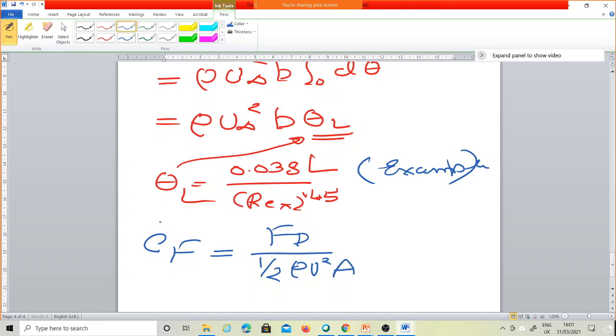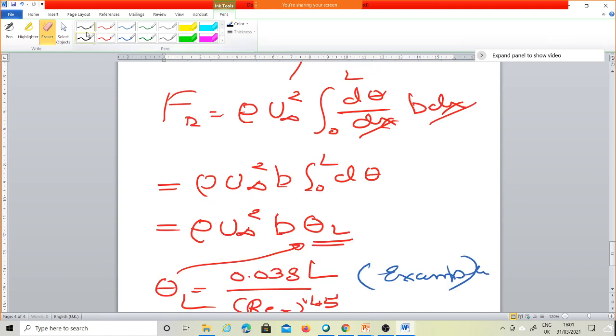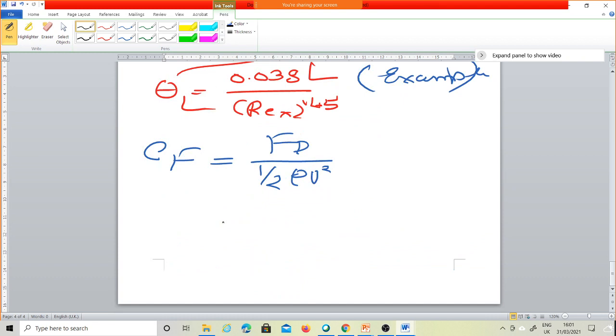Just keep it in mind, don't be confused between the local and average one. Local is half rho U square, but when we have the average, we divide by A. Or sometimes they write it in this way, so instead of writing it here, they consider divided by A here.